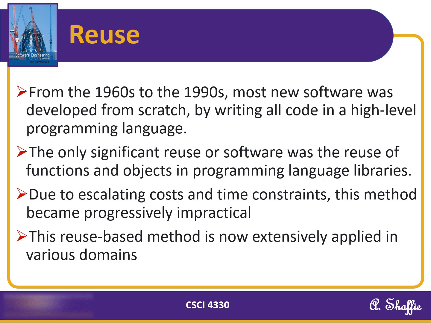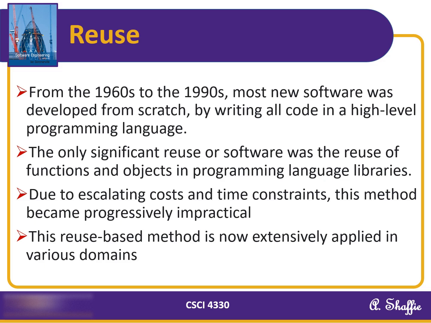However, as the demand for faster and cost-effective solutions grew, this approach became increasingly impractical, especially for commercial and internet-based systems. Writing everything from scratch simply took too much time and was too expensive.